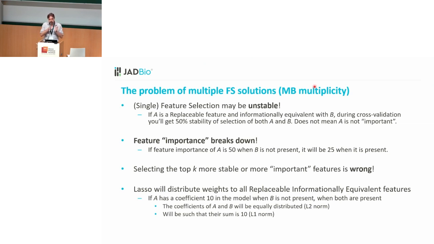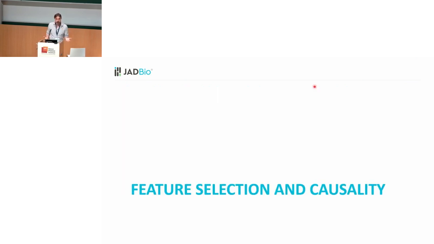This 50 is distributed to all the informationally equivalent features. So if you set the thresholds and you say, I'm going to use the first K features, you may be throwing away both A and B, all right? Instead, we want to keep one and only one of them in the final solution. All right, so this is a theory, and we acknowledge multiplicity. We need to solve the multiple feature selection problem for knowledge discovery.